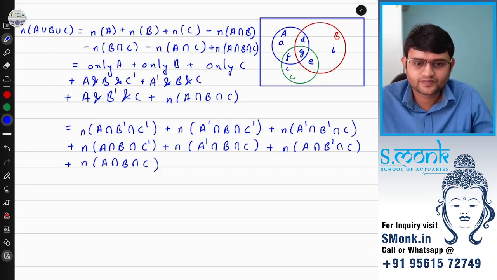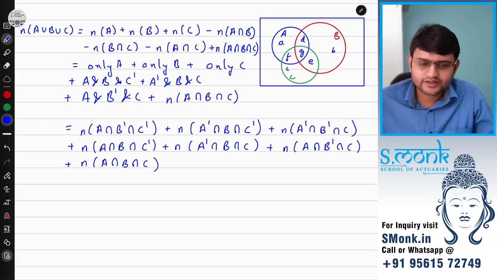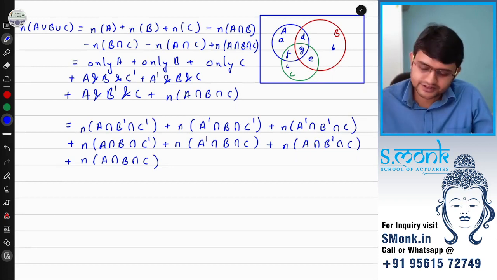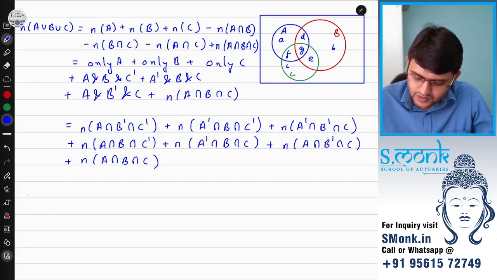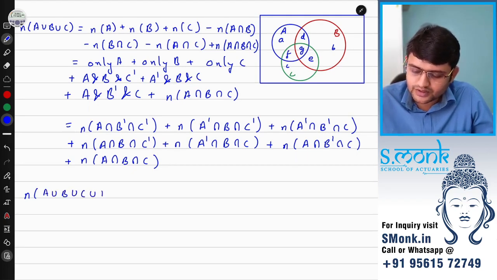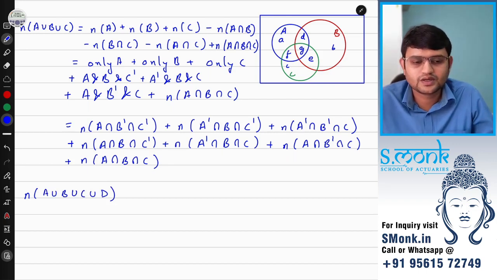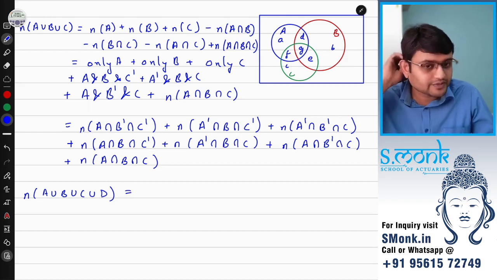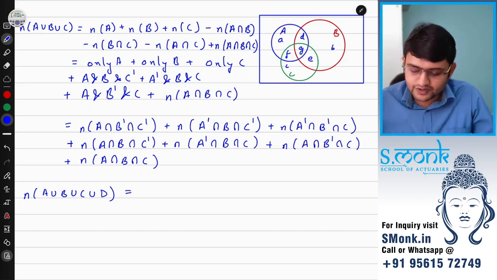Okay. Now, other than that, a few things. If you want to make a formula of union with 4 sets, so if I have A union B union C union D, what happens is we add up individually each one of them.